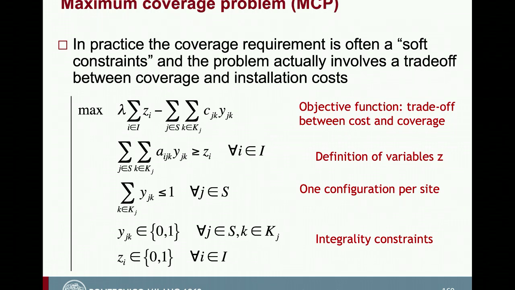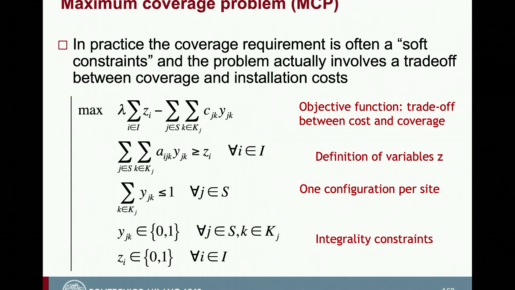So we have a trade-off coefficient lambda multiplying the sum of zi, minus the sum over j and over k of Cjk yjk, which is the total cost. So this is a classical objective function where we actually have two objectives. One is the coverage, the other one is the cost, and we are balancing between the two with a trade-off parameter lambda.